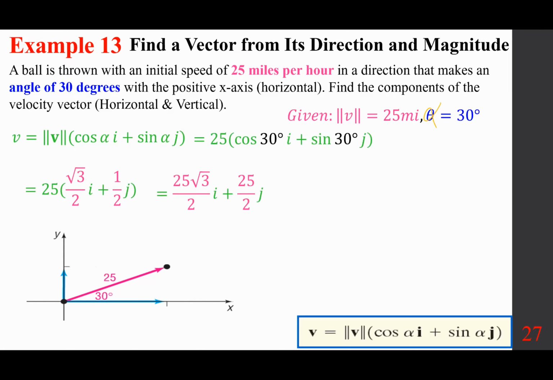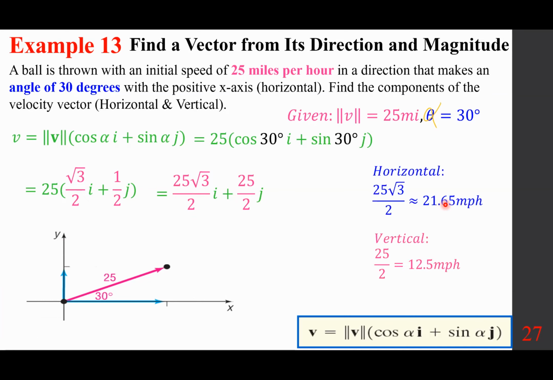So the horizontal component is 25 square root of 3 over 2. And the vertical is 25 over 2. Approximation: 21.65 miles per hour in a horizontal direction.